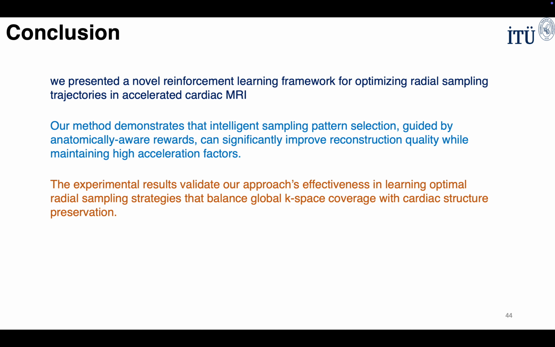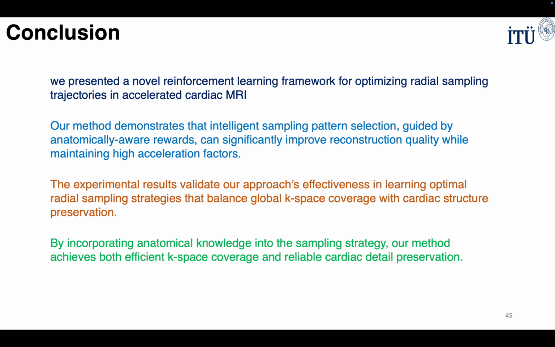The experimental results validate our approach's effectiveness in learning optimal radial sampling strategies that balance global k-space coverage with cardiac structural preservation. By incorporating anatomical knowledge into the sampling strategy, our method achieves both efficient k-space coverage and reliable cardiac detail preservation.